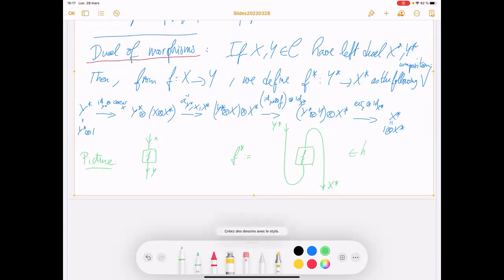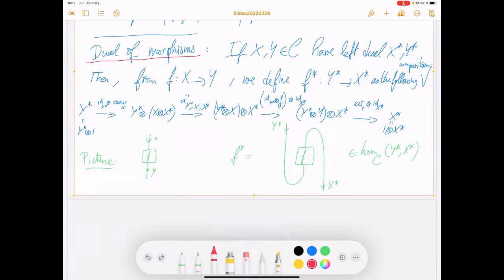This is an element in this Hom set. And here you have the evaluation and co-evaluation maps. This is identity, etc. And here you don't see it, but you apply some associativity constraint if you need.